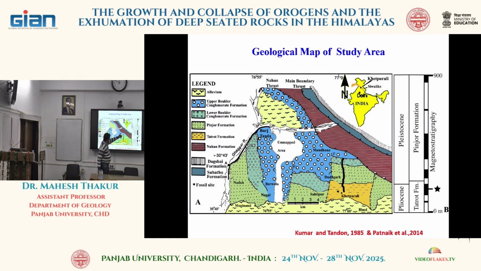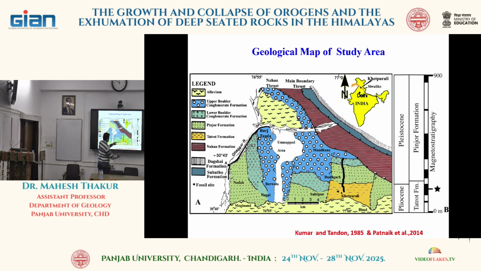And this strike slip fault, you can see that it has different geological formations in this area. The red is basically the Tatrot formation. You see this orange color, that is basically the Tatrot formation. And here we see the Pinjore formation.